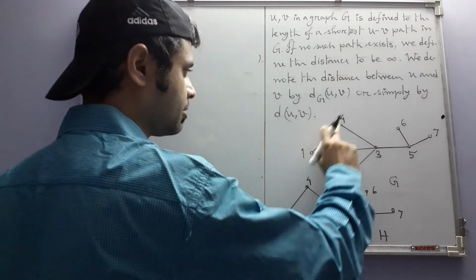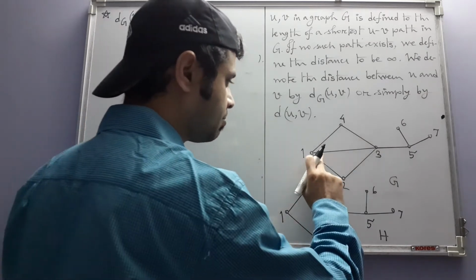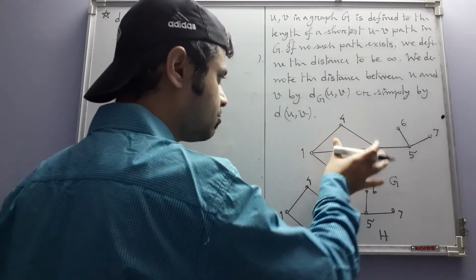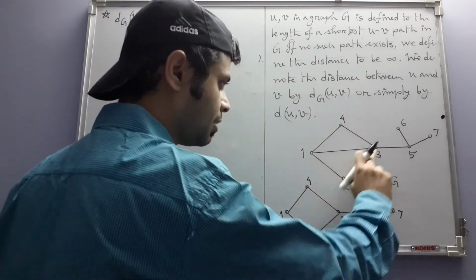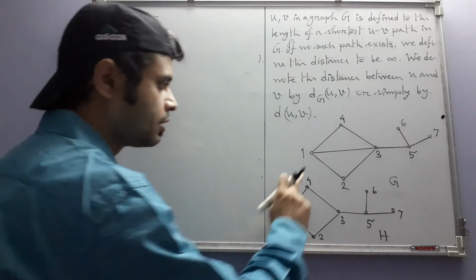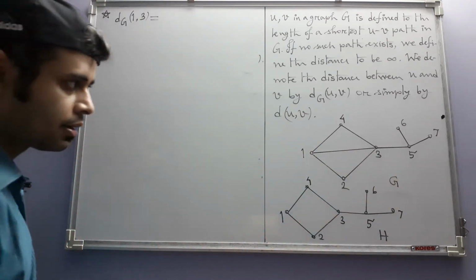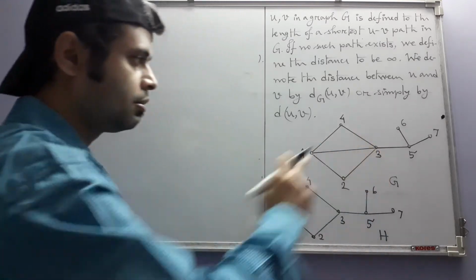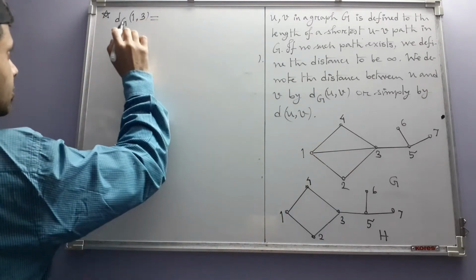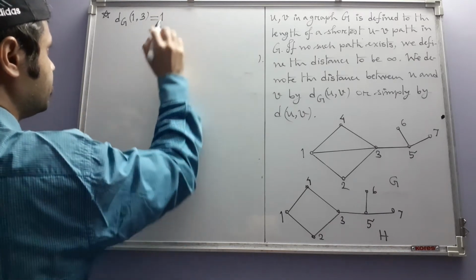Another path is 1 2 3. The lengths of these two paths, 1 4 3 and 1 2 3, are both equal to 2. However, this path 1 3 is of length 1. You can clearly see that this is the shortest possible path between 1 and 3, and that is why the distance between 1 and 3 in G is 1.